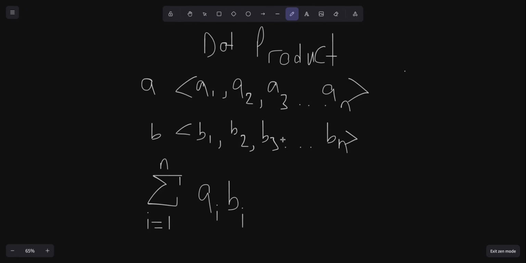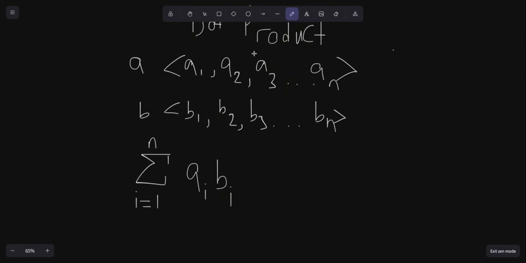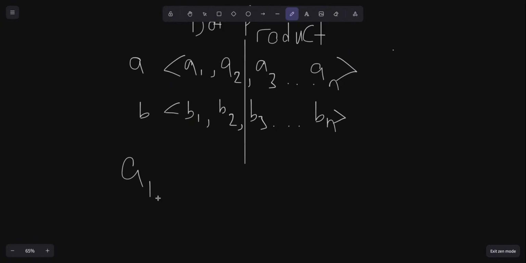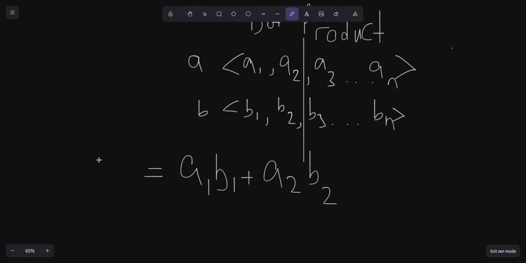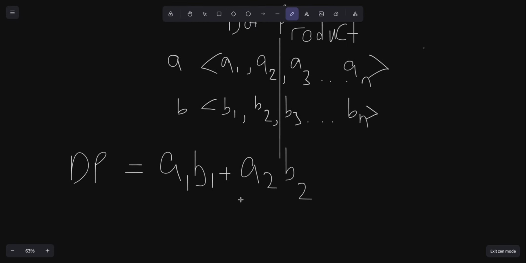Most of this video, and maybe in future videos, we're only going to be dealing with dot products for 3 dimensions or maybe 2 dimensions, probably restricting ourselves to 2 dimensions in this video. Therefore, the formula is just going to be A1 times B1 plus A2 times B2. Very, very simple. That's going to be the definition of the dot product. I'm just going to call that dP, okay?